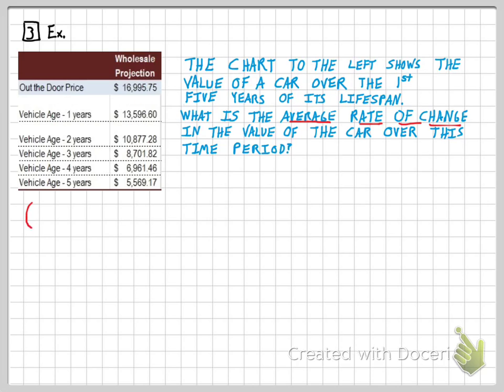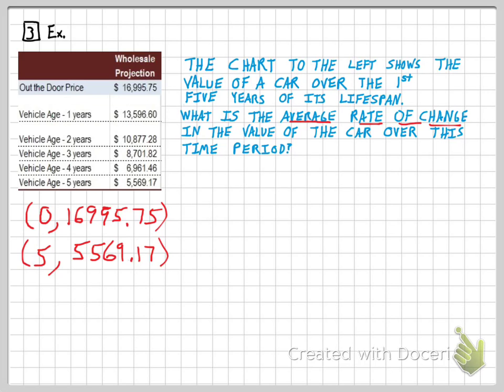So once again, we've got 2 points. The initial out the door price is this 16,995 number. So I'll put that as my first point. And my second point, the time would be 5 because that's the length of time later, and the new value there is 5569.17.